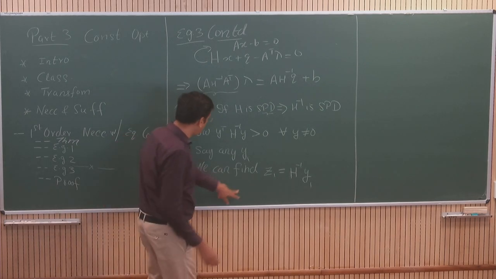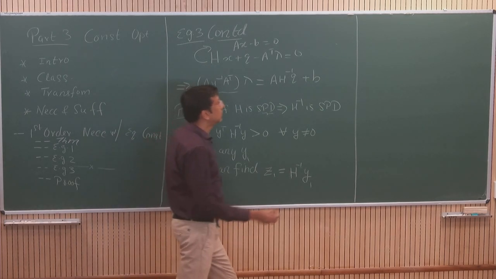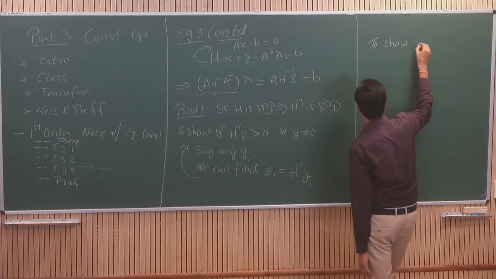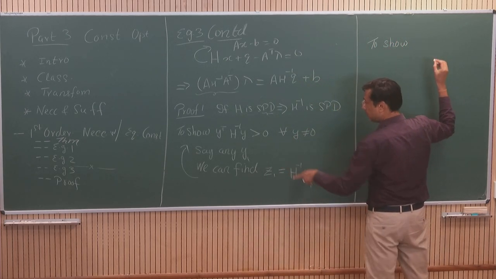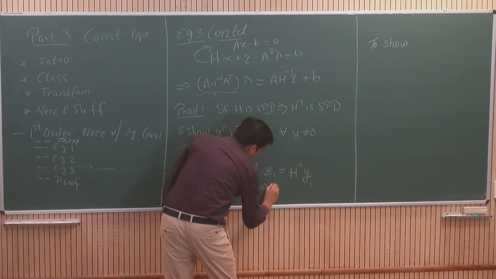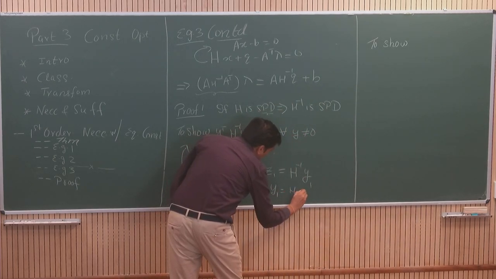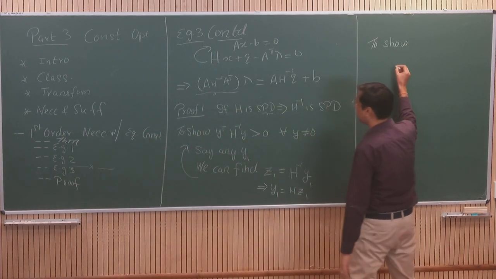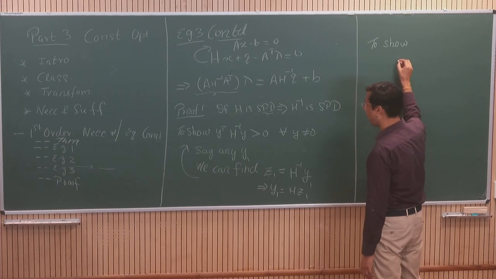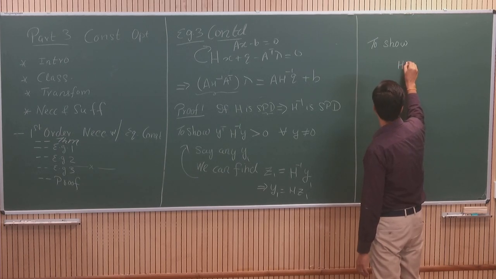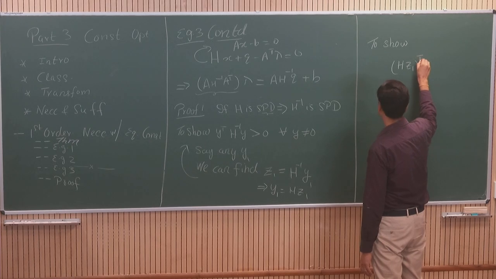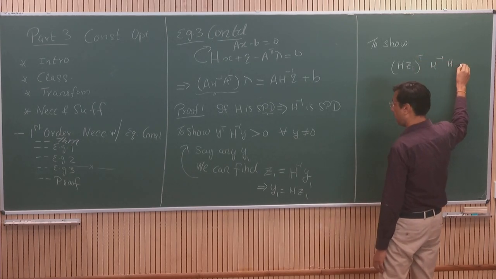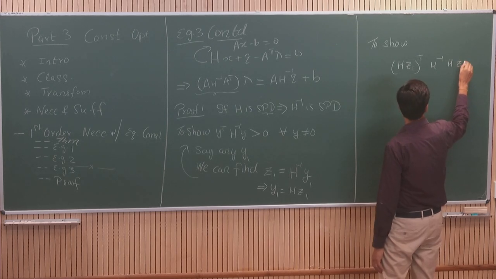So I'm going to put this back into this equation. So, to show, instead of y I will put, this would imply y1 is equal to h times z1. Correct? I just switched the sign. So I'll substitute into this to show: instead of y transpose I'll write (h z1) transpose times h inverse, and instead of y I will write h z1.